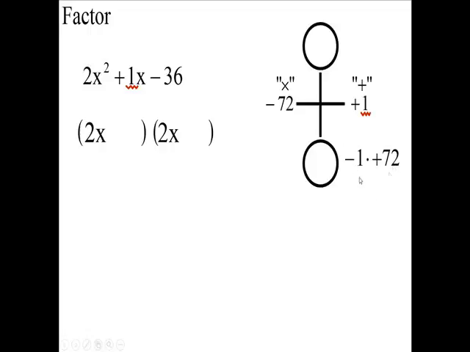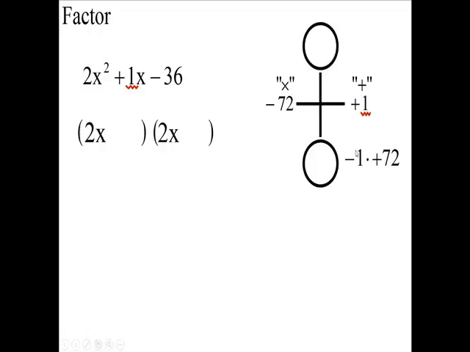To get a negative 72, I need one of the numbers to be negative. And since we have a sum of plus 1, I want the larger number to be positive. So plus 72 times a minus 1, plus 36 times minus 2. Now we're counting 1, 2, 3, 4 like that, and so on.